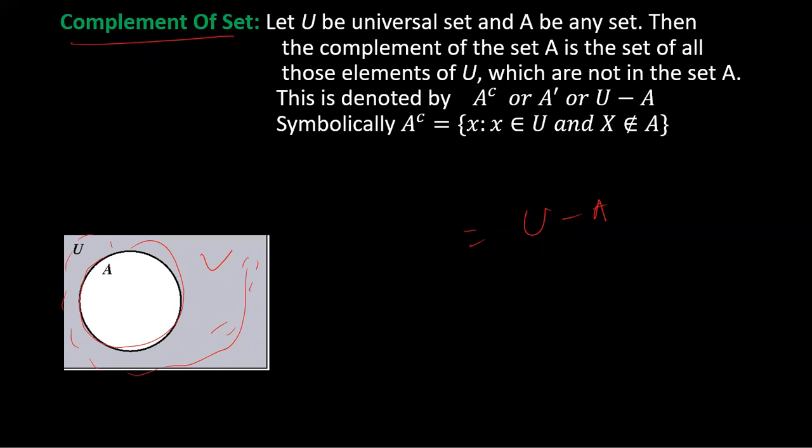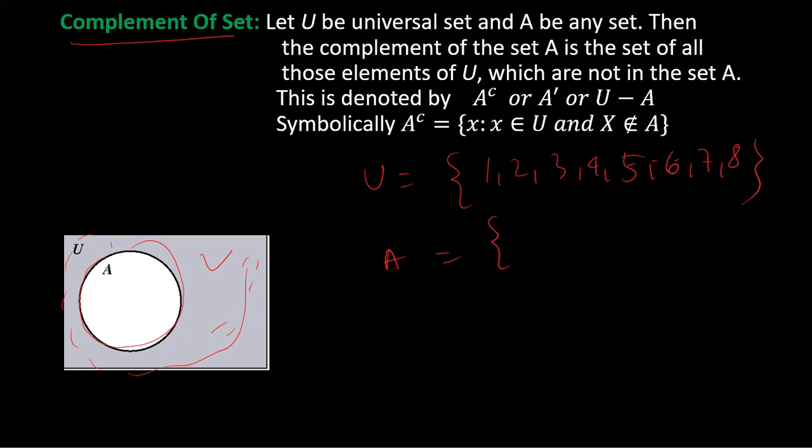For an example, let's say in the universal set I have written 1, 2, 3, 4, 5, 6, 7, 8. I have taken universal set as 1 to 8 and the set A as 2, 4, 6 and 8.